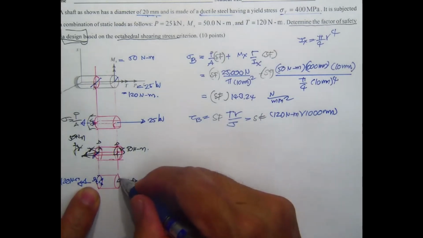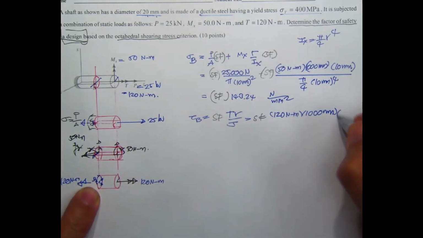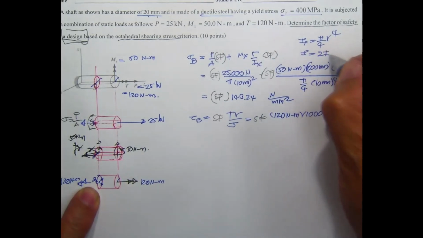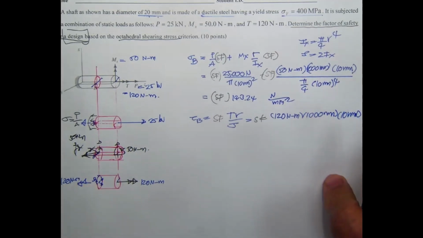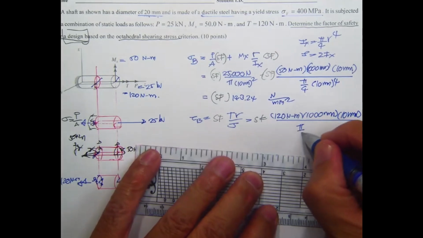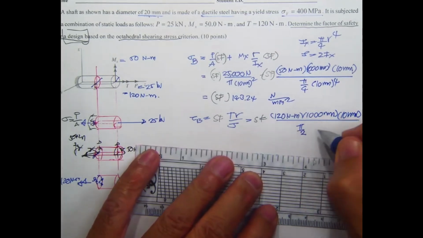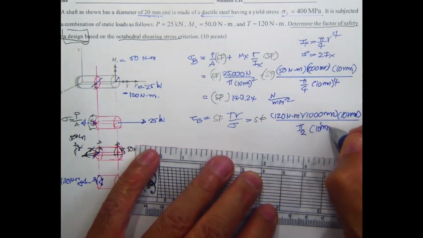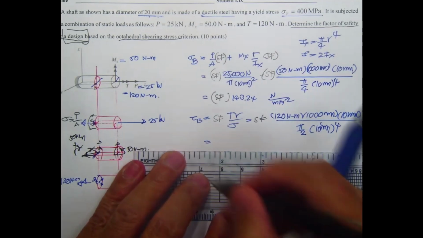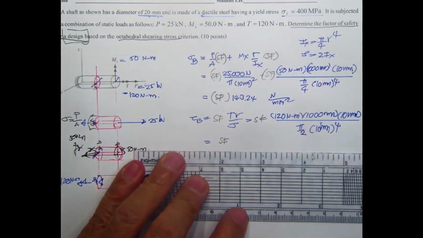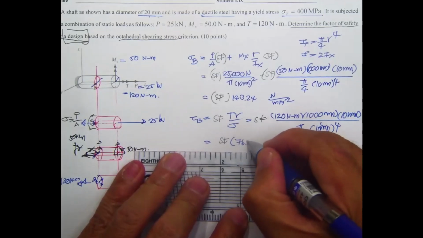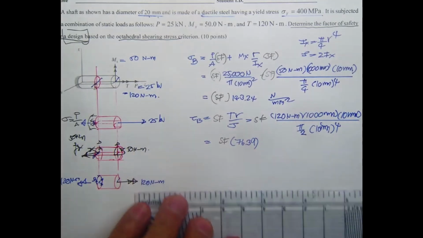Then the radius is 10 millimeter, and J is going to be 2 I sub x. Then you divide by pi over 2 times 10 millimeter to the power 4. Put everything together and you have SF times 76.39.